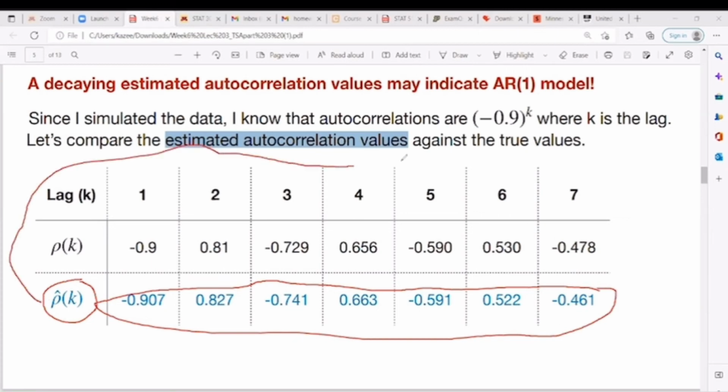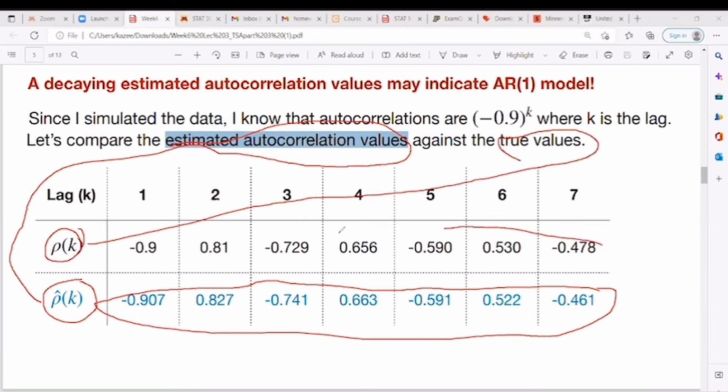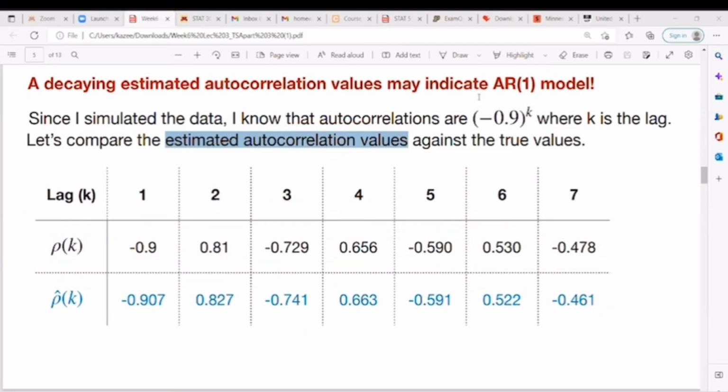That is the estimated one. But if you take a look at this one, that is the true values of the autocorrelation, the population one, using the formula C1 raised to the power k. We just want to see whether there is going to be a significant difference between the estimated one and the true values.